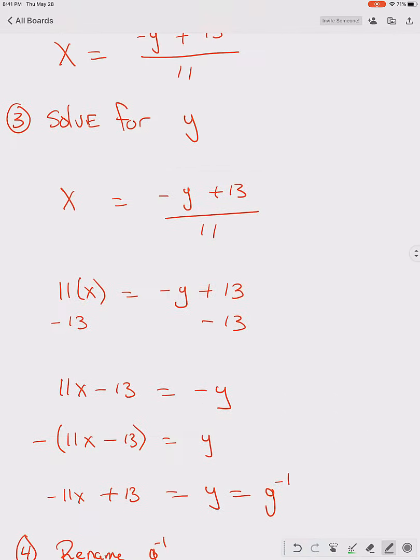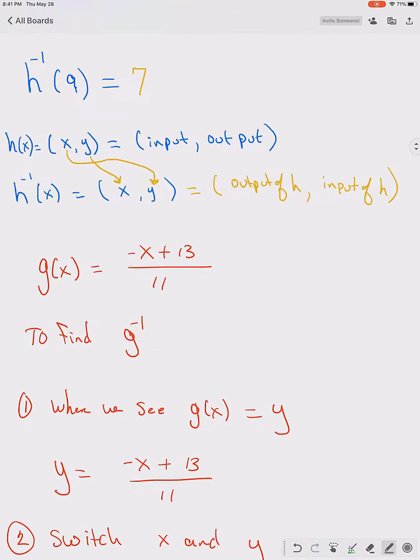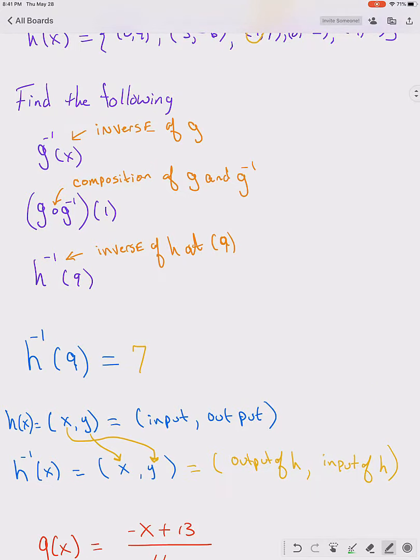And so when we look at this last problem, find g composed with g inverse of 1, using that rule, if they are truly inverses of each other, whatever value I put in is what I'm going to get out.